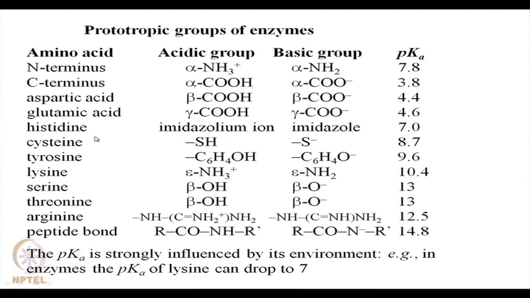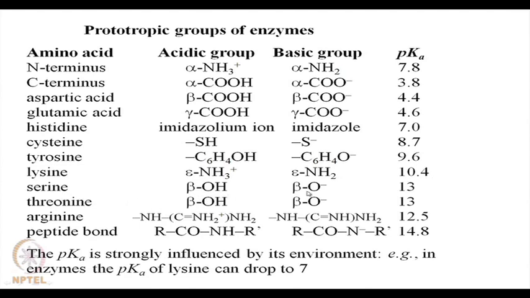Histidine, imidazolium ion and imidazole, is around 7. Cysteine, SH to S minus, is around 8.7. Tyrosine, C6H4OH to C6H4O minus, is 9.6. Sorry, lysine is epsilon NH3 plus and epsilon NH2, and it is 10.4.